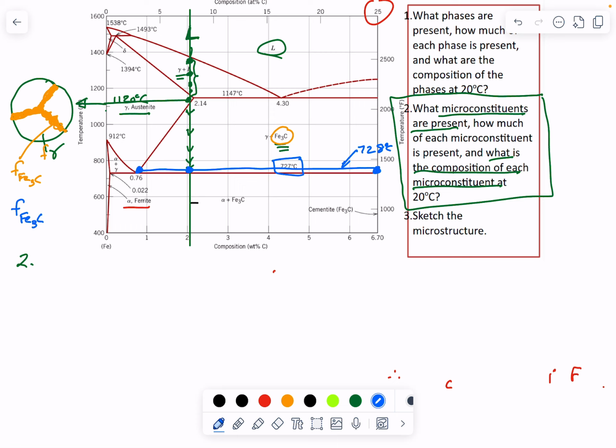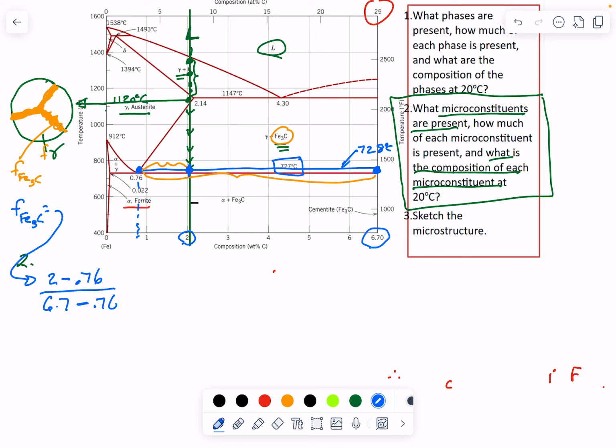In other words, the fraction that is Fe3C will equal, and let me just draw this down here so I have a little more room, 2, that's that point right there, 2 minus 0.76 divided by 6.7 minus 0.76, which is that point right there.